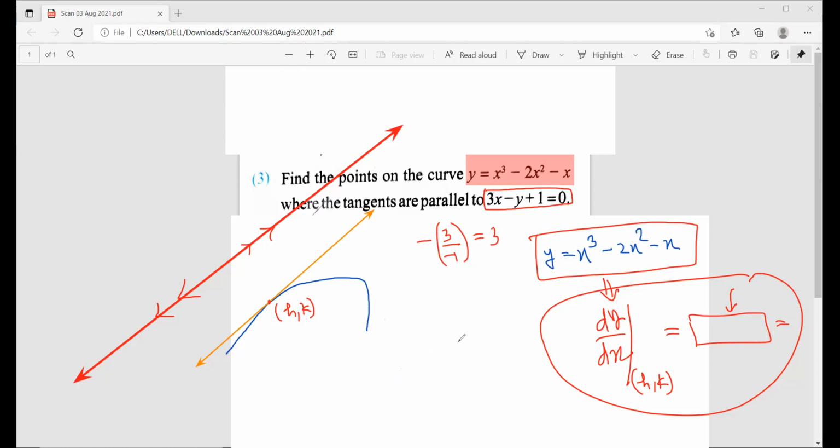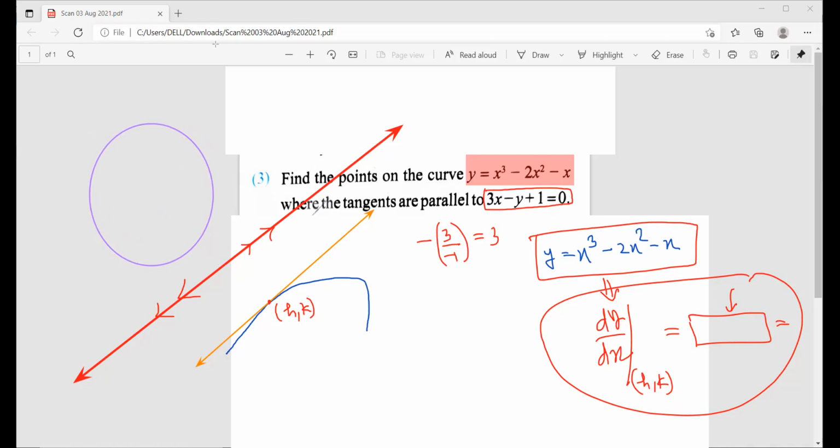Okay. Now, why this happens? This way you can solve this problem. Now, why this happens, I'll tell you. See, there are certain curves. Suppose here I draw a circle. Let me draw a circle here, and then I ask you, draw tangents to the circle which are parallel to this red line.